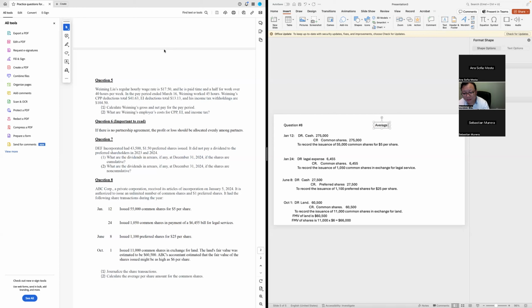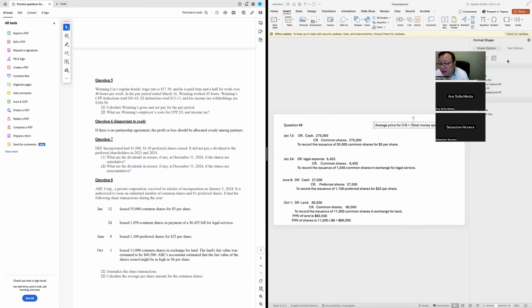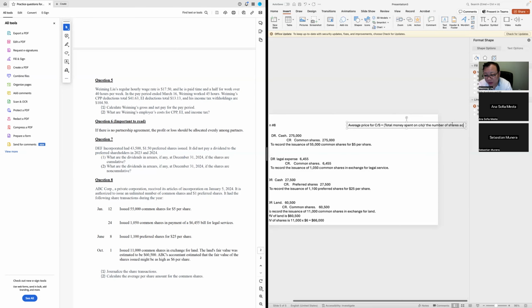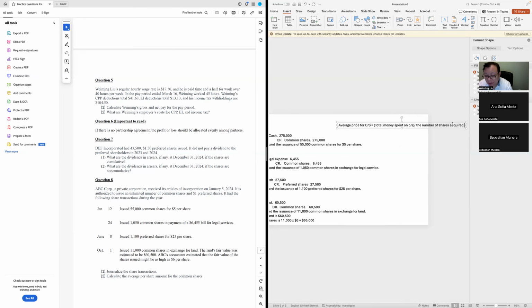Average price for common shares equals total money spent on common shares divided by the number of shares acquired or issued.